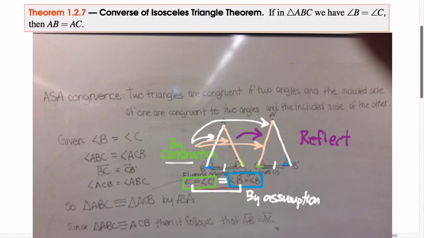But then, because of the ASA argument, we can also say that AB and AC prime are corresponding sides of congruent triangles, and therefore AB is congruent to AC prime, but AC prime is congruent to AC by construction. And so we get, reading from beginning to end, AB congruent to AC, which is what we were meant to prove.